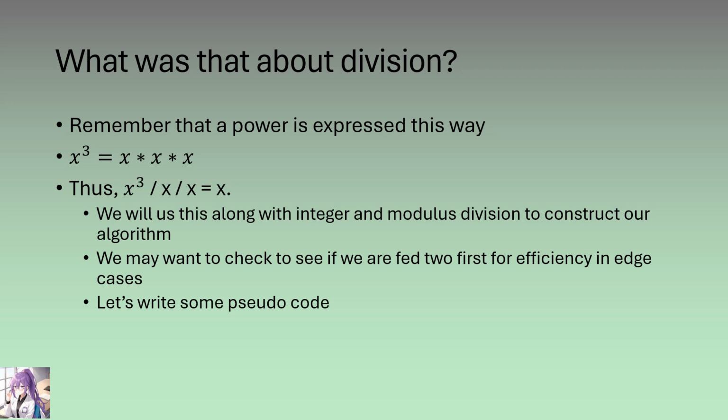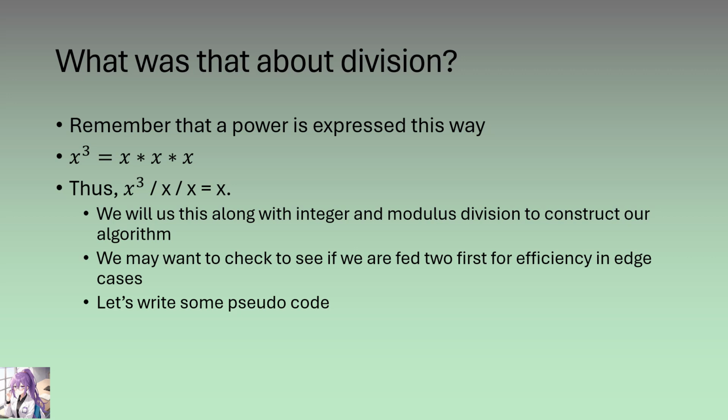If 2 is not passed as our base, we are going to use integer division and modulus division to get the final answer. We want to repeat the integer division until it doesn't result in something that is evenly divided, or it comes back to the original number. Remember, powers are expressed as x cubed equals x times x times x.